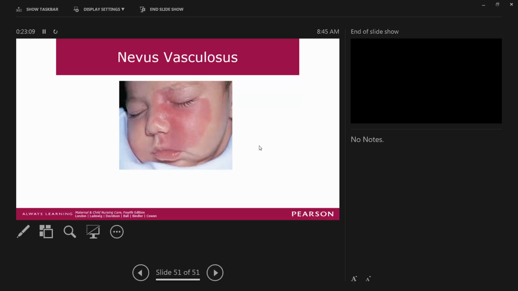Now, I said that these usually fade and shrink, and most of the time they do, sometimes they don't. So if this continued and it grew like this big old lump, the parents could possibly want her to have cosmetic surgery to have that removed.